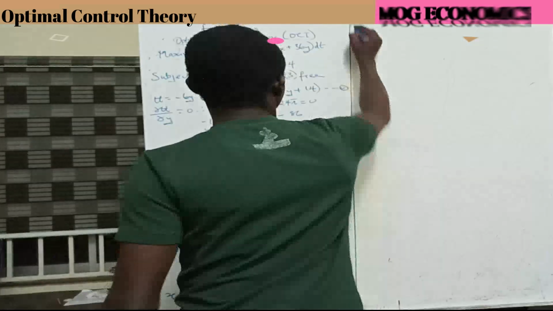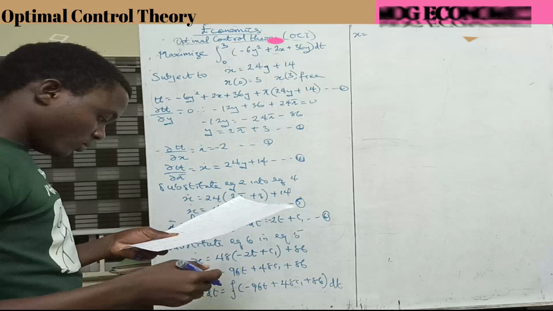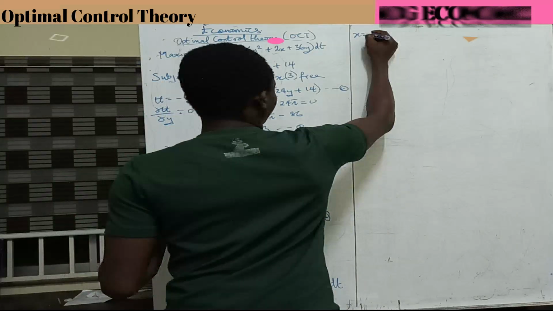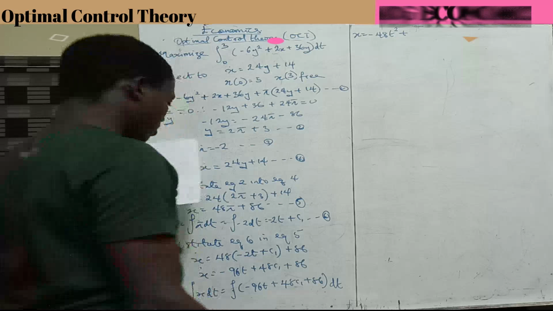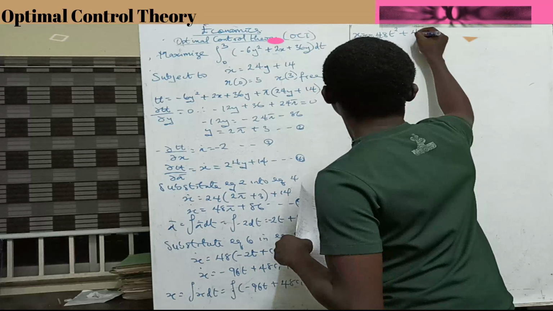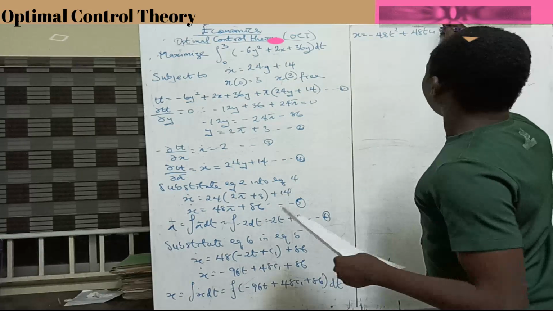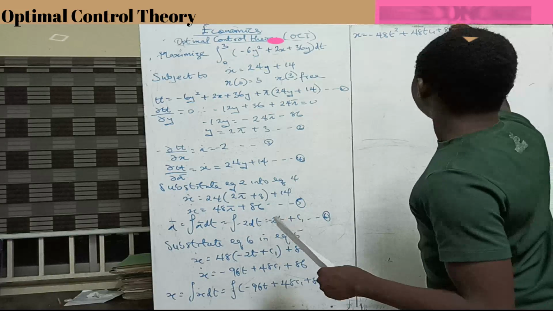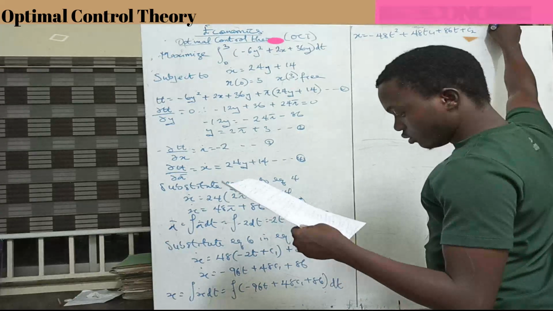So from there, x is going to jump into what the answer should be: minus 48t squared plus 48t c1 plus 86t plus c2. That's what we should be having.